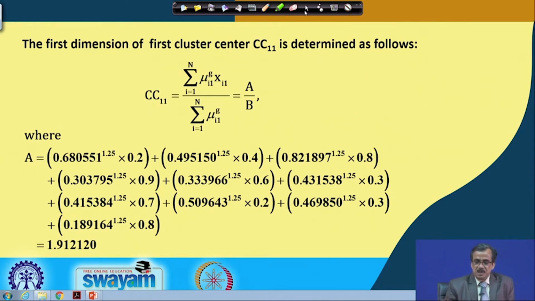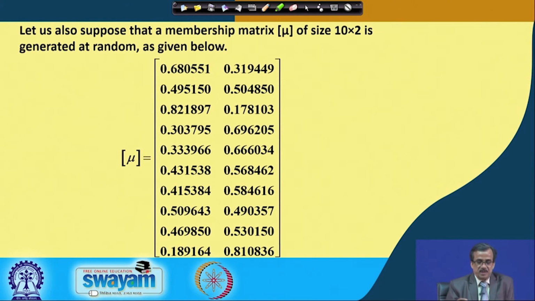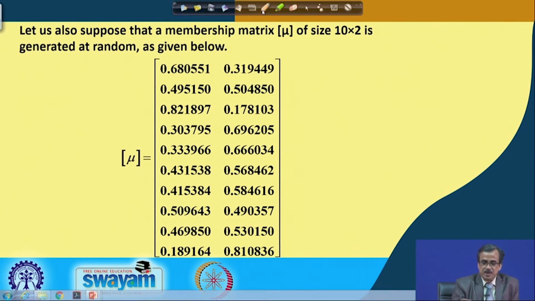If you see the previous slide, the membership value of the first data point with respect to the first cluster center is actually a numerical value. Similarly, the membership value of the second data point with respect to the first cluster center is a numerical value, and the same for the third data point.